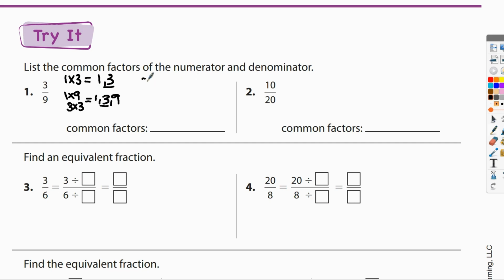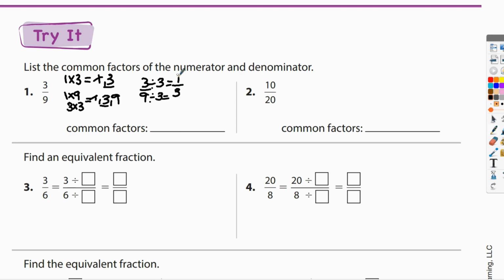So if I had 3/9 and I divide both numbers by this 3 that we chose, that's the common factor, by 3, remember we don't use 1, then my fraction is going to be 1/3.